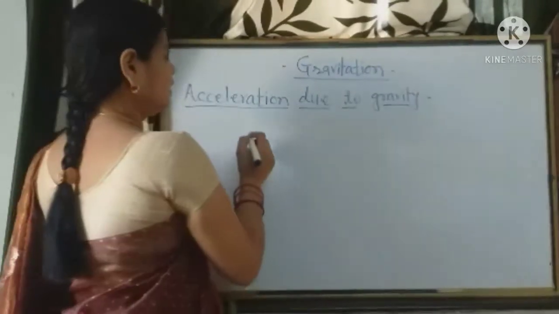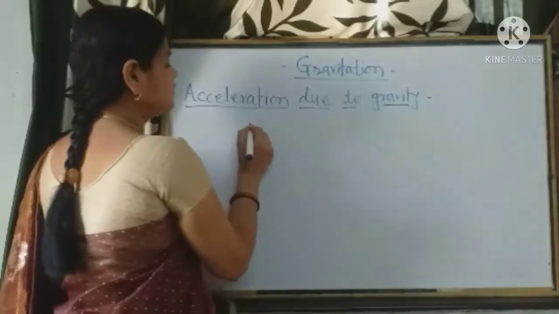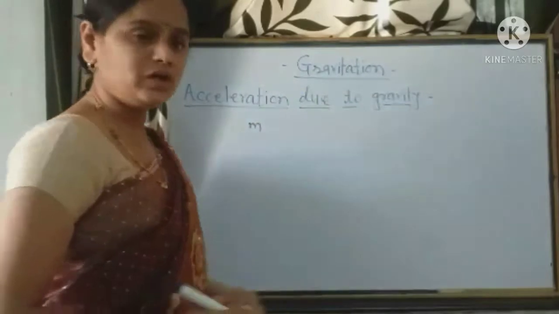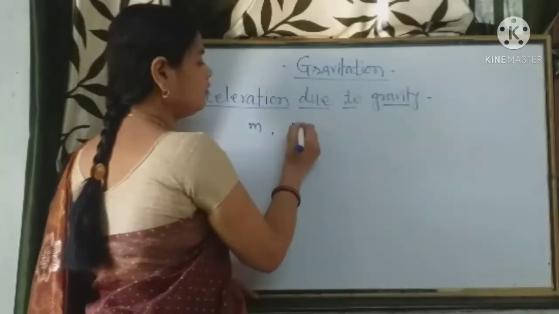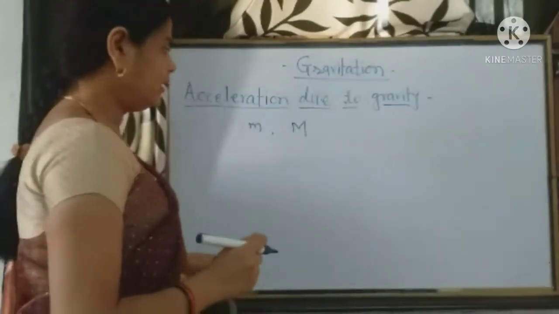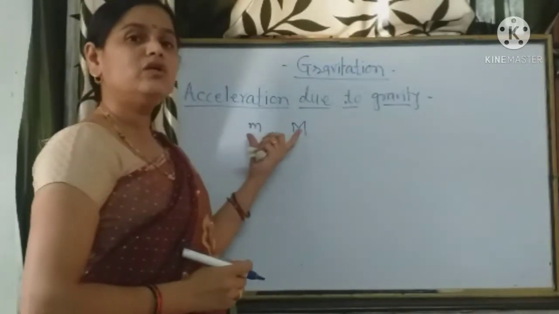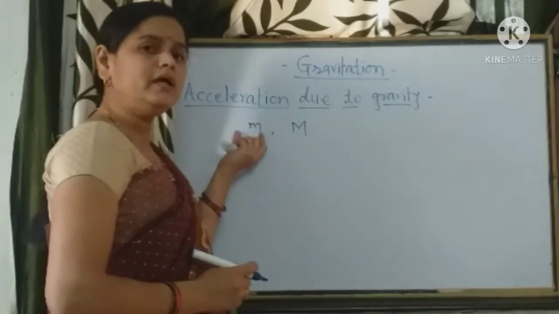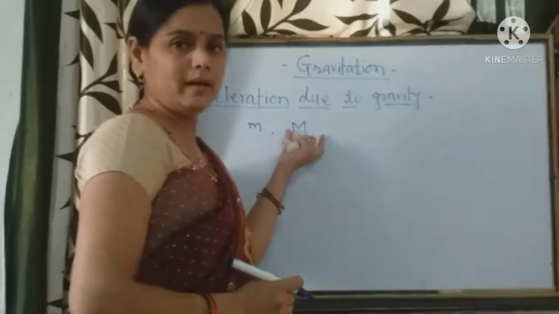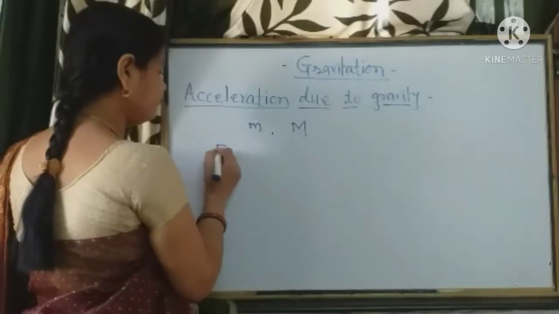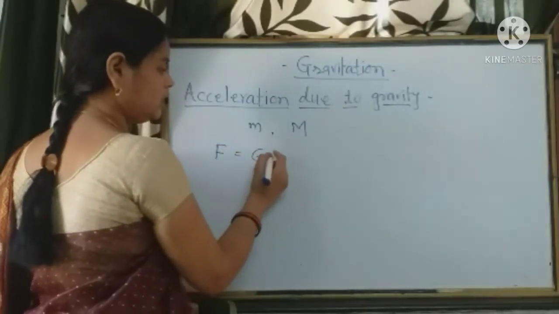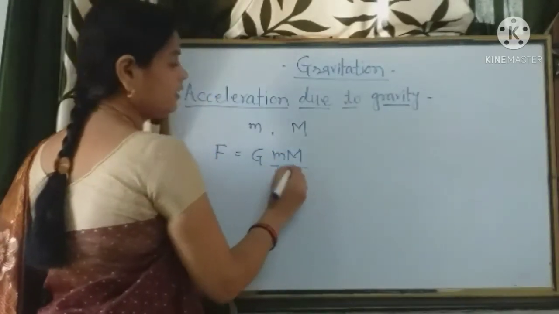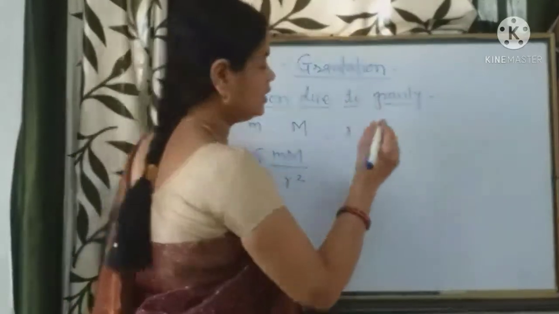Suppose a body of mass small m exerts gravitational force on another body of mass capital M. Then the gravitational force exerted by the point mass small m on the capital M is F = G M m upon r square, where r is the distance between these two objects.